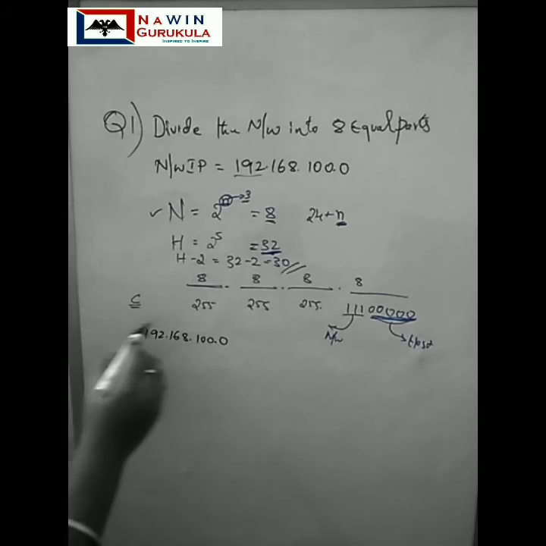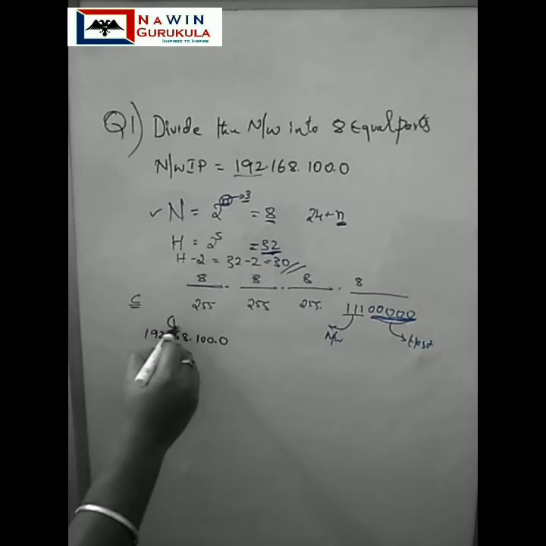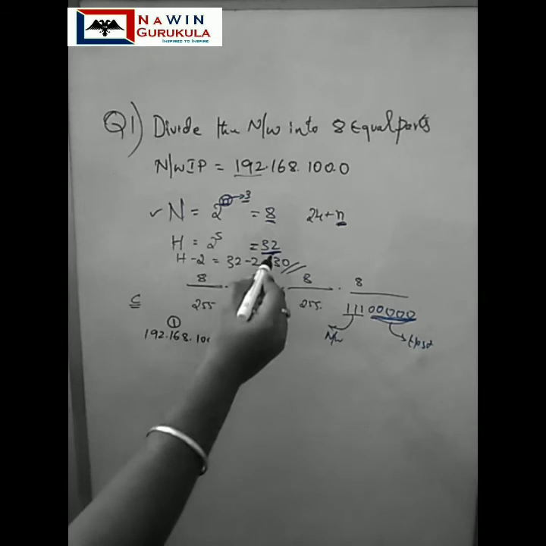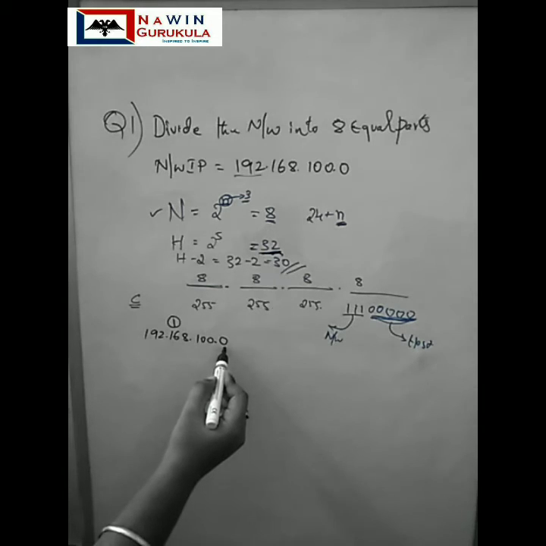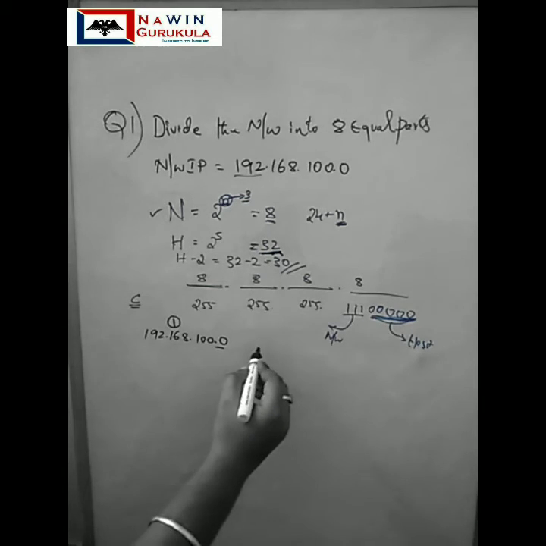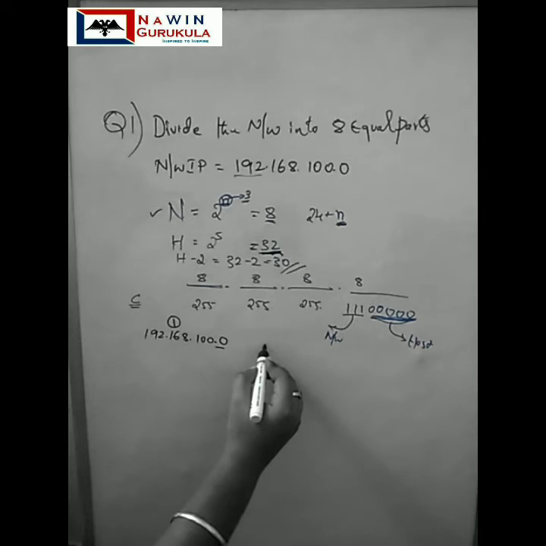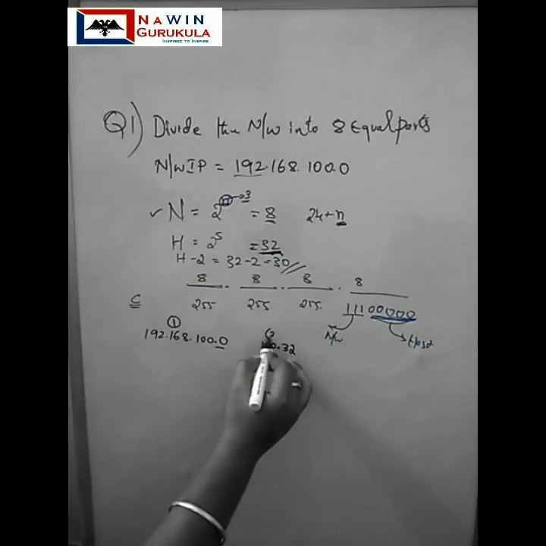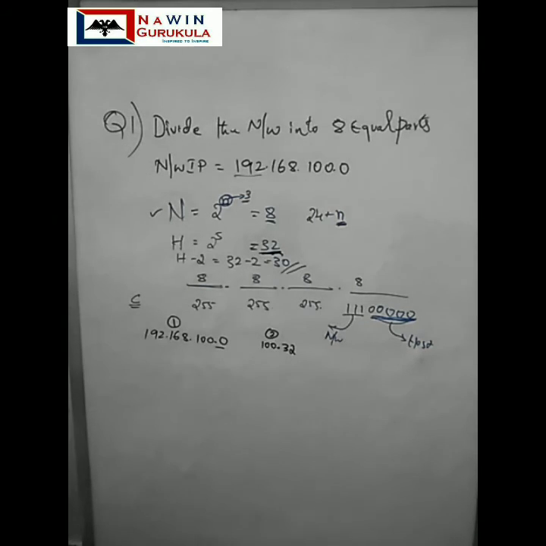This is the first network ID, right? To find the next network ID is very simple. You need to add this 32 to this IP. So this will become 192.168.100.32. So this is the network IP of the second network.